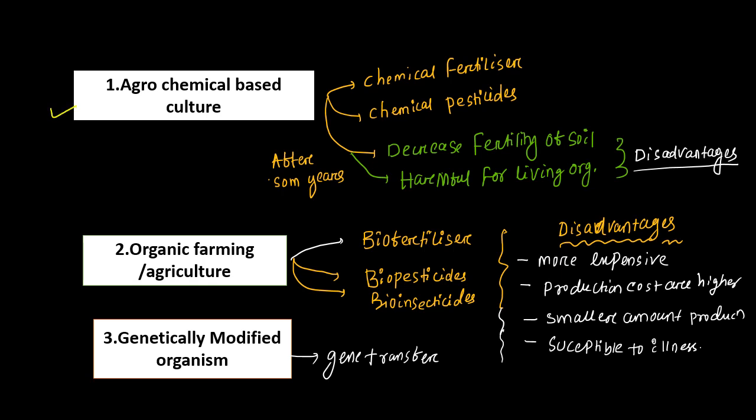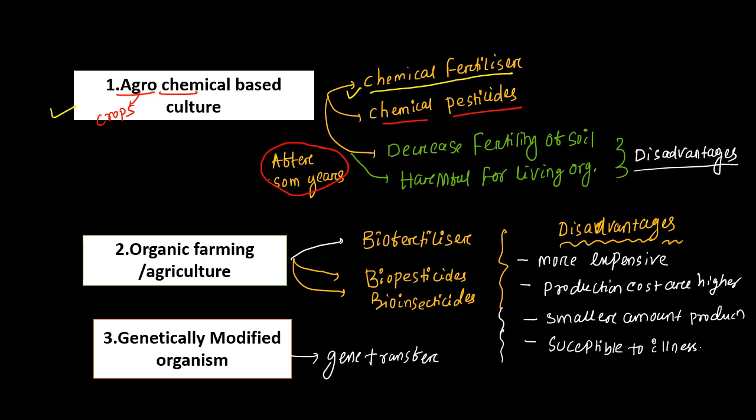Agrochemical based agriculture is done through chemical fertilizers, which help in increasing the yield of crops, and secondly chemical pesticides.